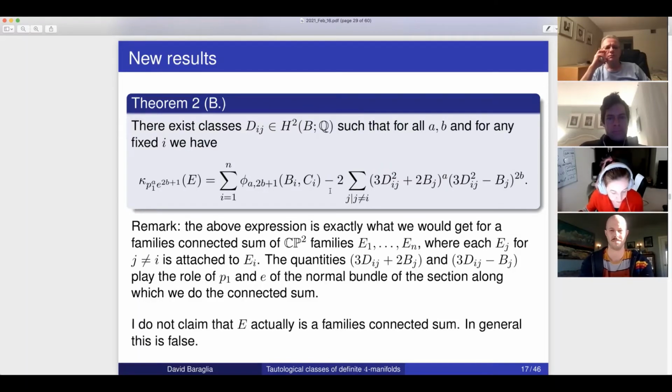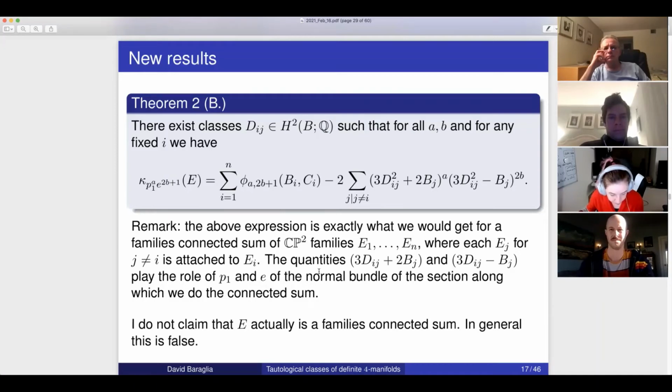But the point of this formula is basically, if you had a family connected sum, you would get exactly this kind of formula. So if you compute tautological classes for a connected sum, you add up the tautological classes, but then you also have a kind of correction which comes from the p1 and e of the normal bundle of the section where you connect things together.